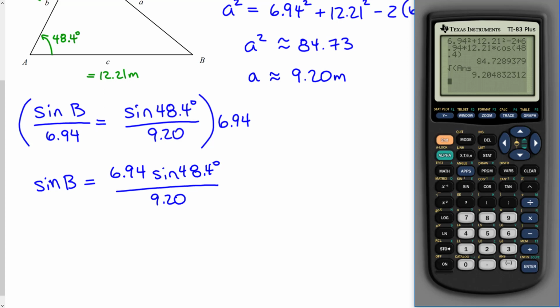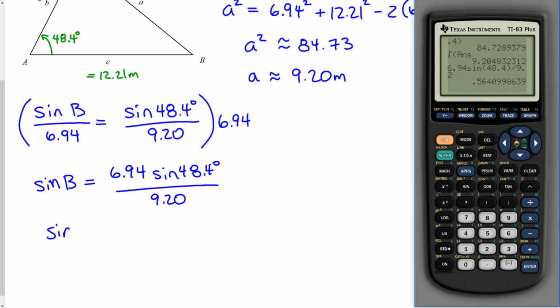And let's get the calculator for that. So that's going to be 6.94 times sine of 48.4 degrees divided by 9.2, so 0.564.